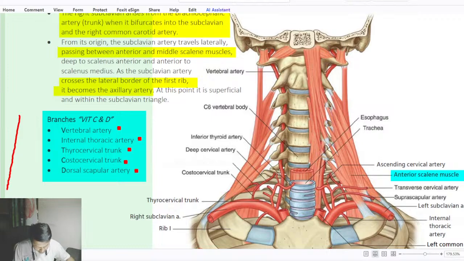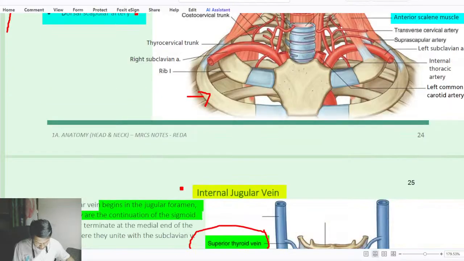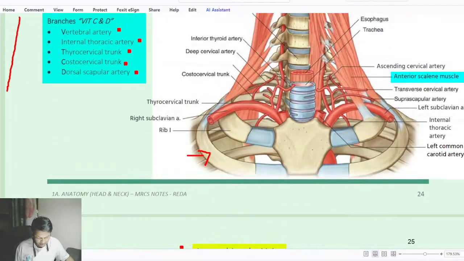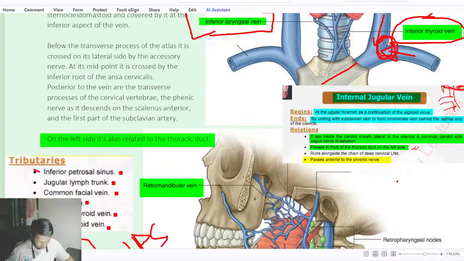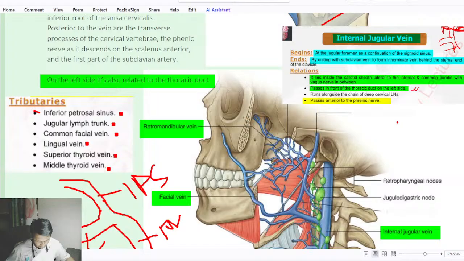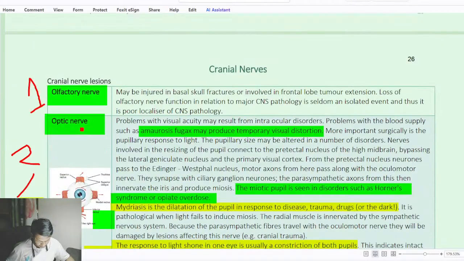Internal thoracic artery and thyrocervical trunk, and D for dorsal scapular artery. Yes, vitamin C and D. Oh, it's not B. Vitamin C and D. Dorsal scapular, internal thoracic.